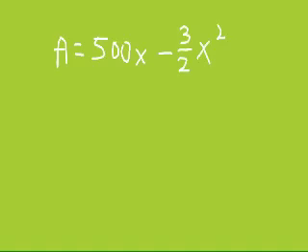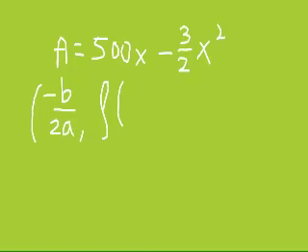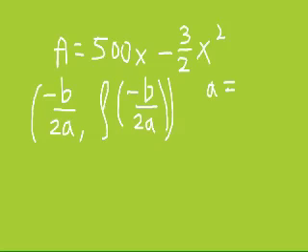And we want to find the vertex of this quadratic equation. So remember, for the vertex, we first have to find negative b over 2a, and then f of negative b over 2a. So in order to do that, we have to figure out what b and what a are. Well, a, even though it's not written first, is negative 3 halves, and b is 500.